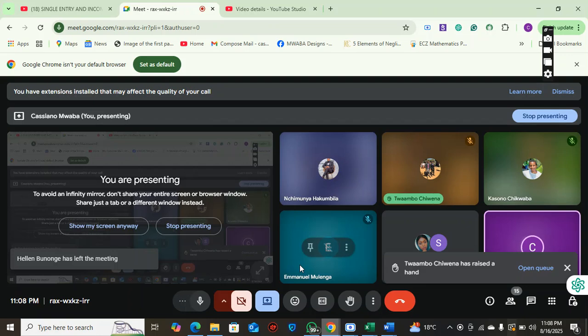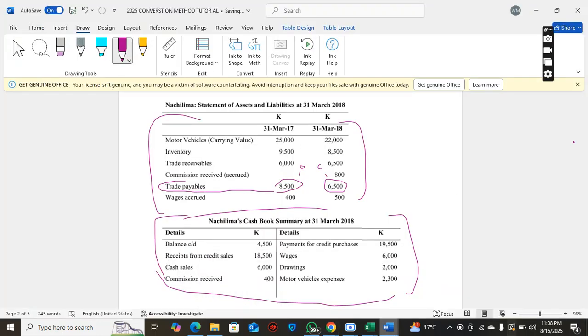Credit side, yes. Okay. All of this is deriving from this table here, okay, colleagues?